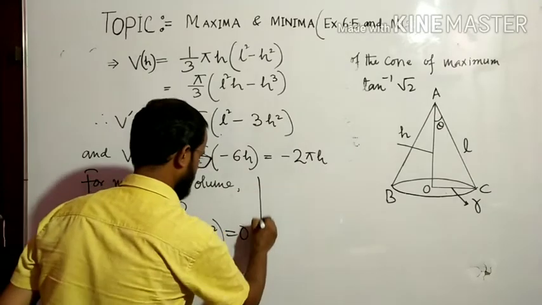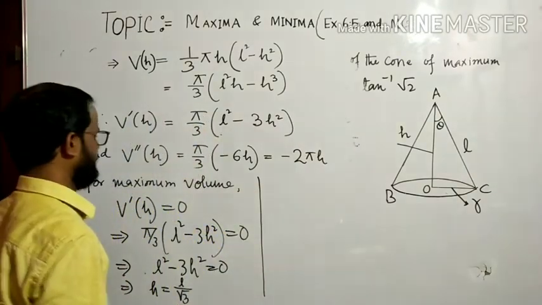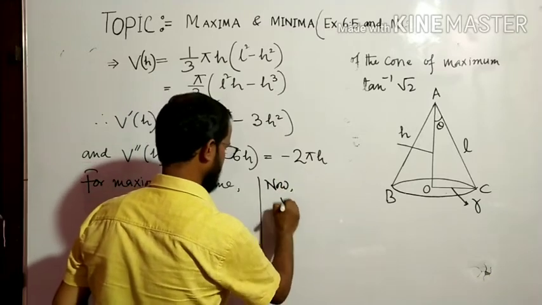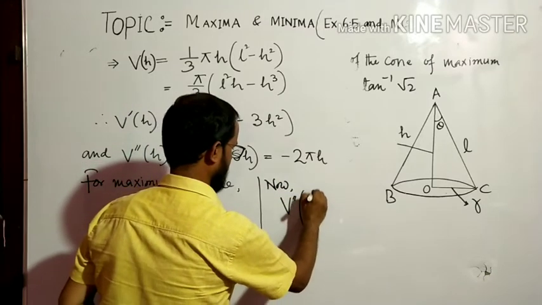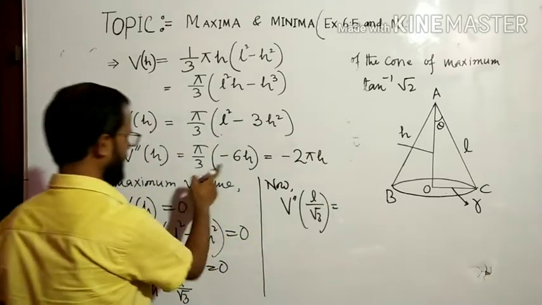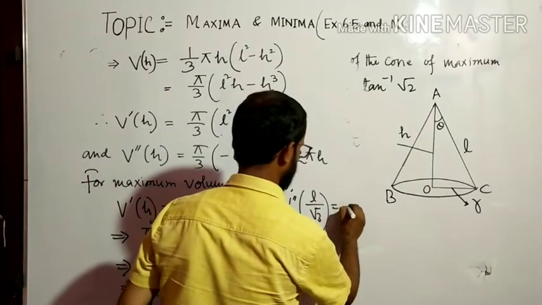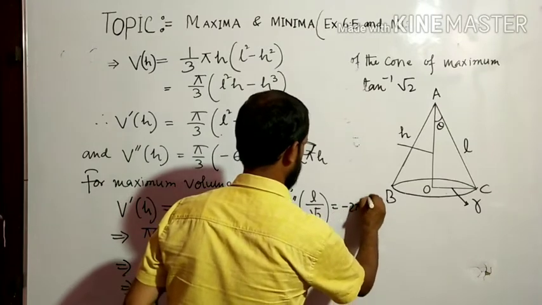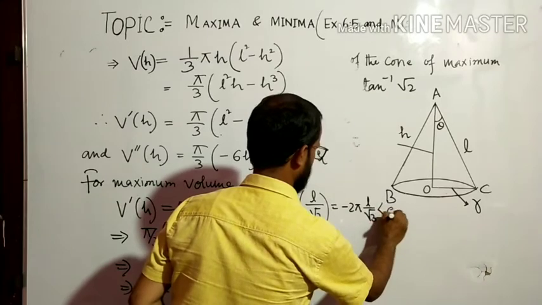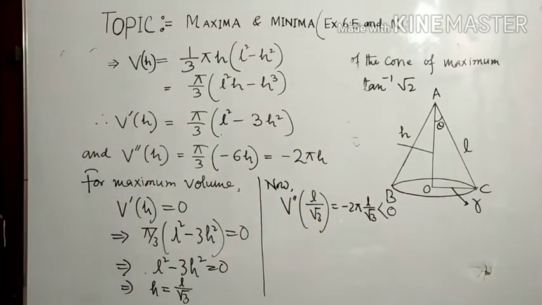Now test the second order derivative. V double dash at L by root 3, putting the value of h, what value are you getting, -2 pi into L by root 3, which is less than 0.